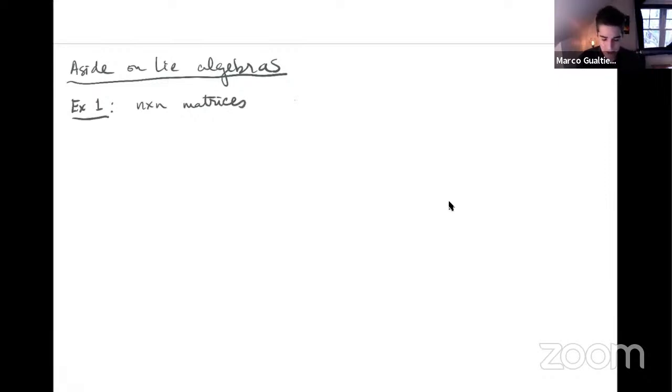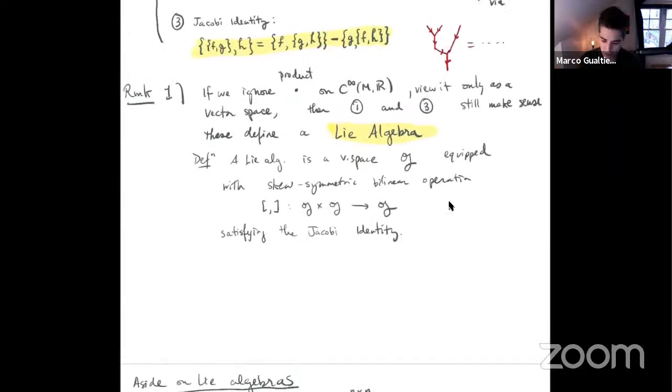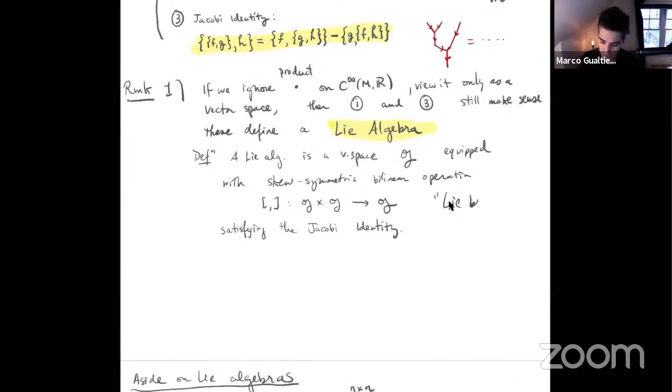So let's take the vector space of n by n matrices. Let me just do it for the real n by n matrices. Now we know that n by n matrices have a product. We can take the product of two n by n matrices and get another one, but that product is not a Lie bracket, because it's not skew symmetric and it doesn't satisfy the Jacobi identity.